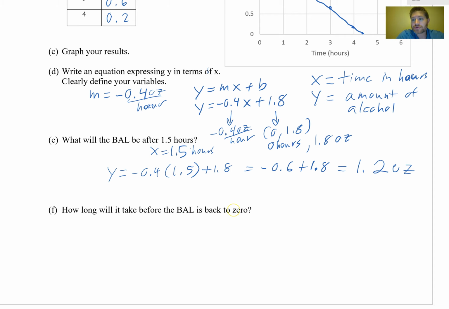So our real question then is, how long will it take before the blood alcohol level is back to zero? So this person has no alcohol in their system. We're saying here that our y value is 0.